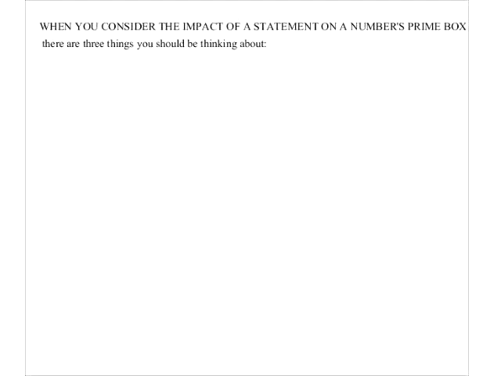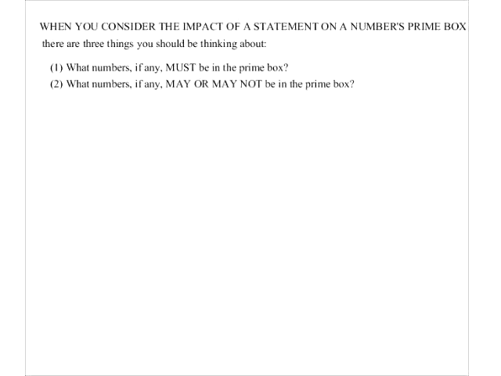The first one is what numbers, if any, must be in the prime box. What numbers, if any, may or may not be in the prime box. And then finally, what numbers, if any, cannot be in the prime box.